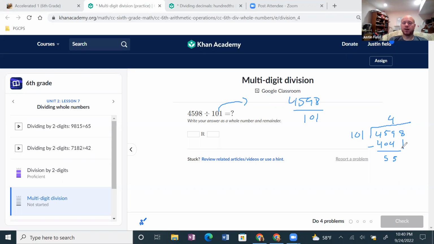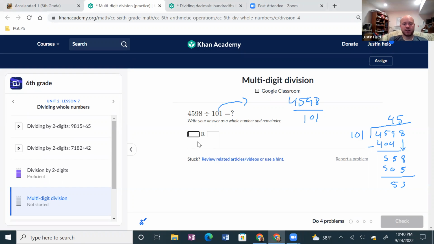And then we bring down the 8. How many times does 101 go into 558? That would be 5 times. That would be 505. And then subtract, we get 53. This is not so bad. Remainder 53. So hopefully I didn't make any mistakes here.